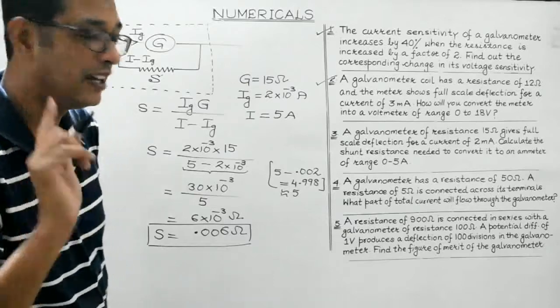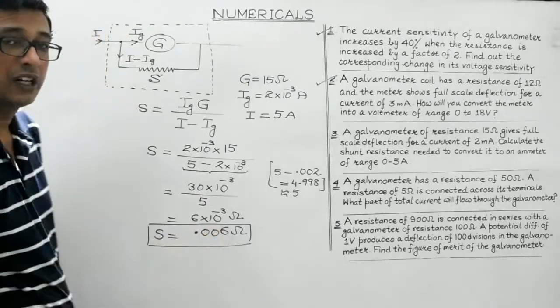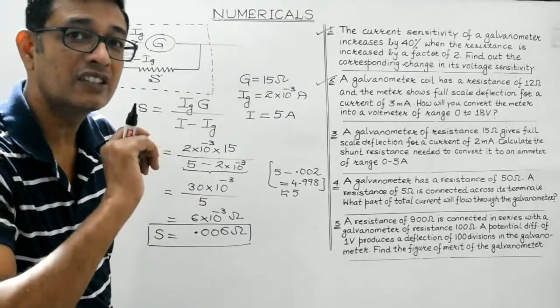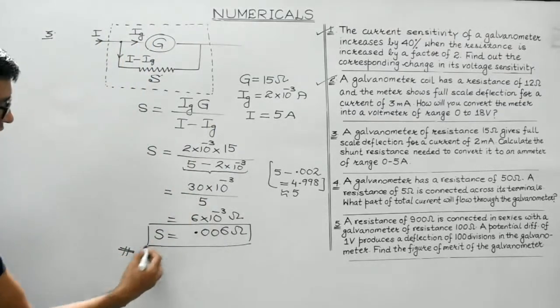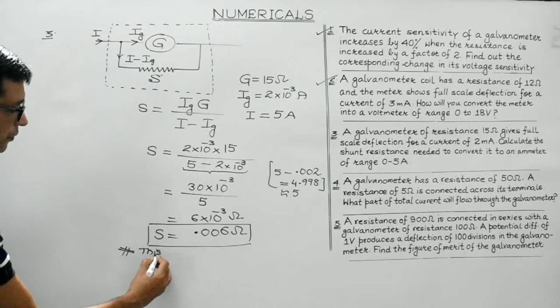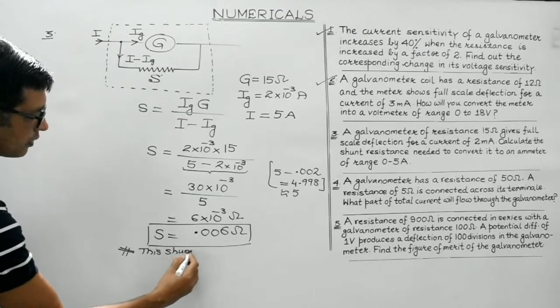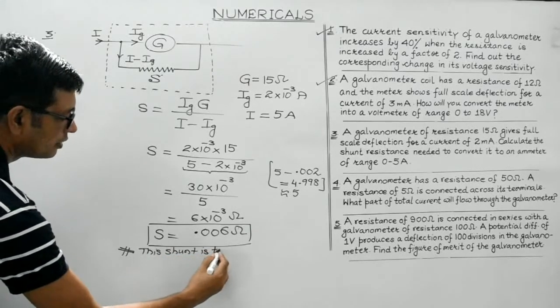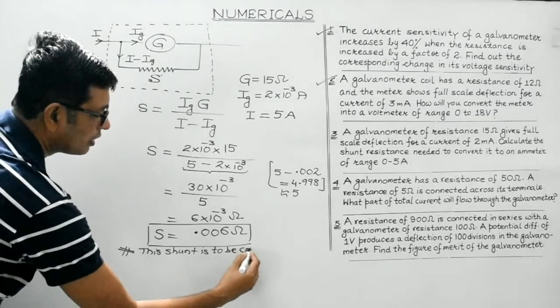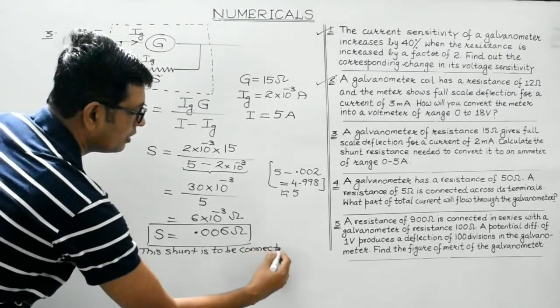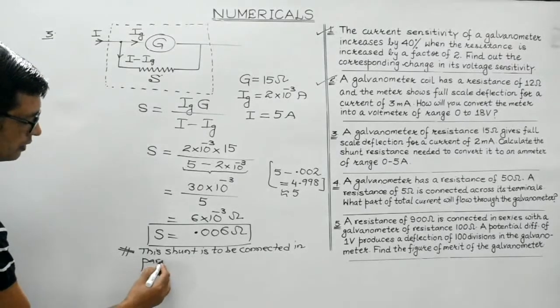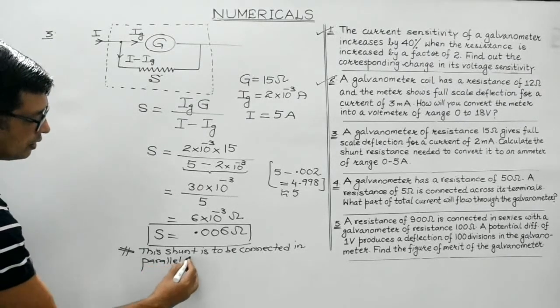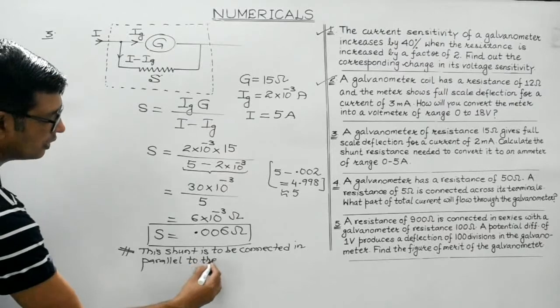Again, I must remind you, after getting the numerical value of S, you need to write that theoretical statement, right? So this theoretical statement is important. This shunt is to be connected in parallel to the given coil.